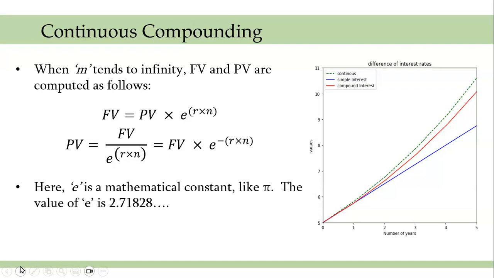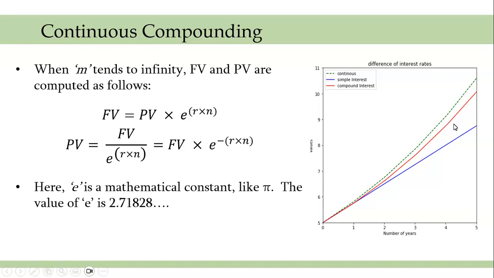Just to illustrate the difference between simple interest, compound interest, and continuous compounding, you can look at the graph given here. The blue line represents simple interest. That means the same interest is paid every year, so the growth of your investment will be linear in nature. The moment you move from simple interest to compound interest, where you start getting interest on interest, the growth curve moves from linear to slightly curvilinear, represented by the red line here.